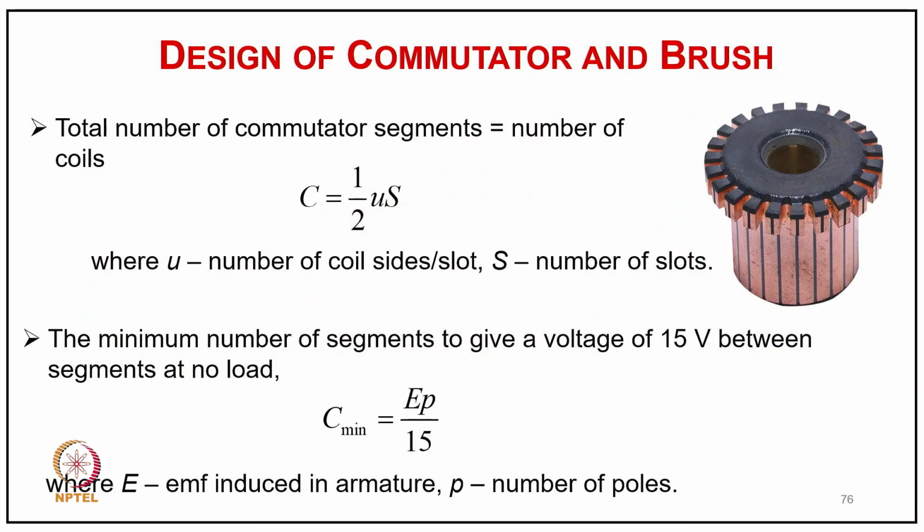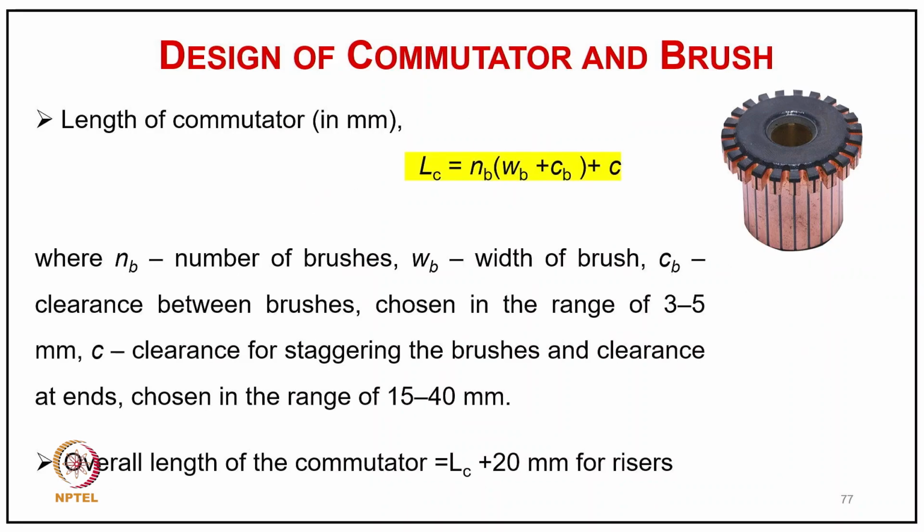Now coming to the total number of commutator segments, equal to the number of coils, that is C equal to half U Ac, where U is the number of coil sides per slot and Ac is the number of slots, and the minimum number of segments to give a voltage of 15 volt between segments at no load is C minimum equal to Ep upon 15, where E is the induced EMF in the armature and P is the number of poles.